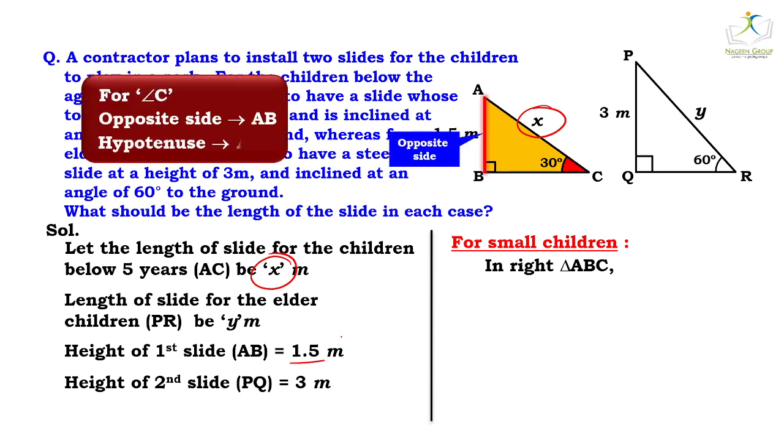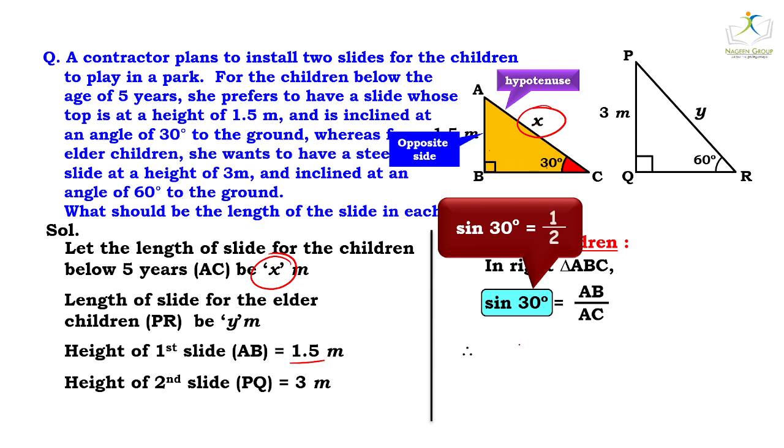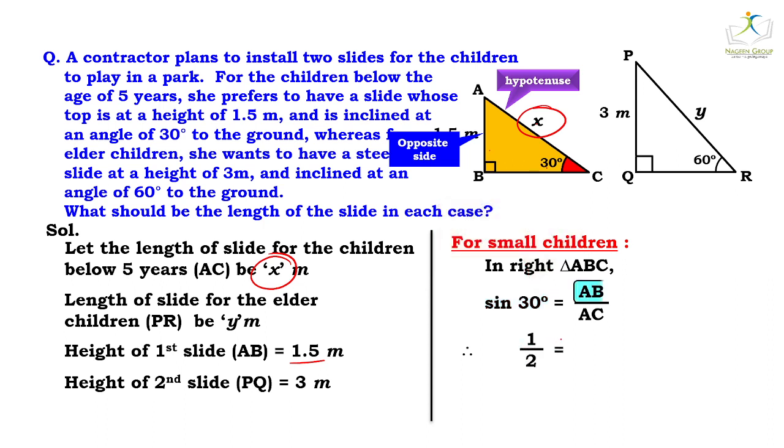Perpendicular divided by hypotenuse, right? अपोजिट साइड है साथ में हाइपोटेन्यूज है, तो हमने परपेंडिकुलर और हाइपोटेन्यूज लेना है, इसलिए हम साइन लगाएंगे. Sin 30 की वैल्यू परपेंडिकुलर AB डिवाइड बाय हाइपोटेन्यूज, that is AC. Sin 30 की वैल्यू होती है 1/2. AB value is given 1.5. AC is unknown, हमें फाइंड करना है, तो x मान लेते हैं. Cross multiply, x equals 1.5 into 2, which is equal to 3 meter, right?